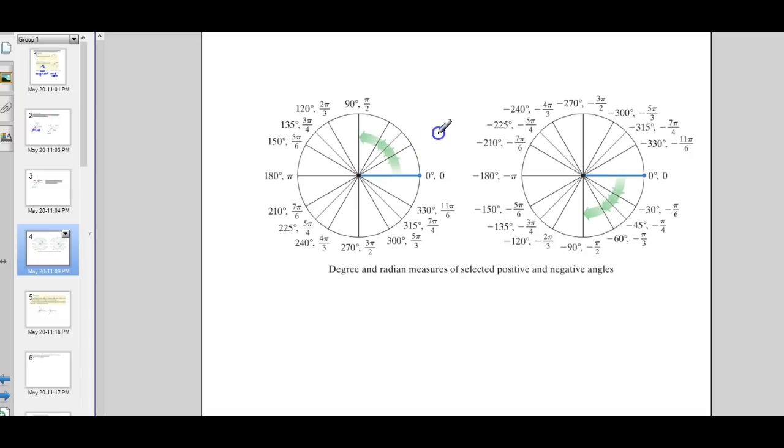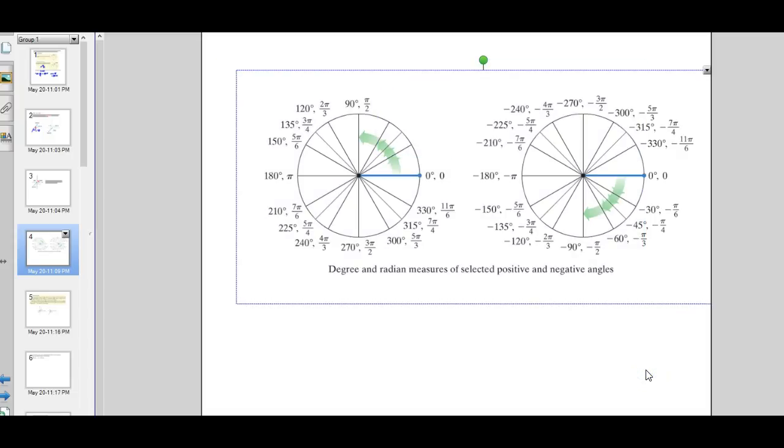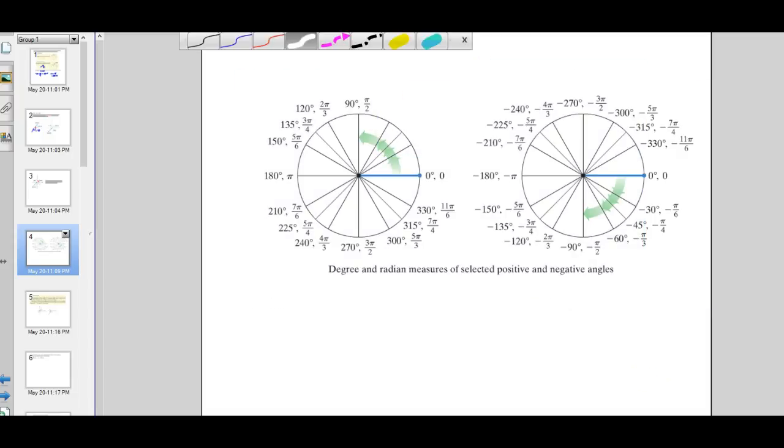Meaning, I'll show you just with this first quadrant here. Take a second and know it's going to be 30, 45, and 60. Alright, so 30 is the smallest angle, 45 is the next biggest, and then 60 is the biggest. And then convert these to their radian measure on your own. So multiply by 180 over pi. Anyway, you'll end up with pi over 6, pi over 4, and pi over 3.